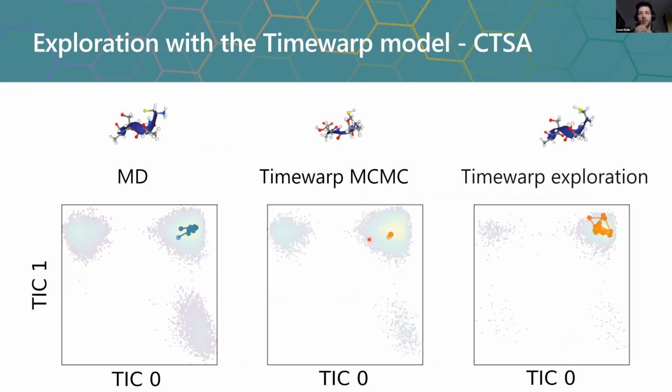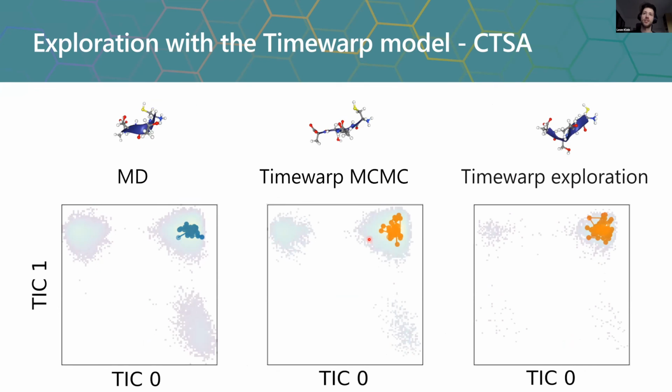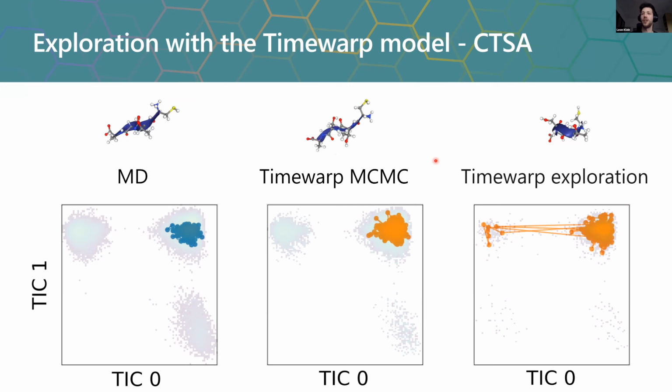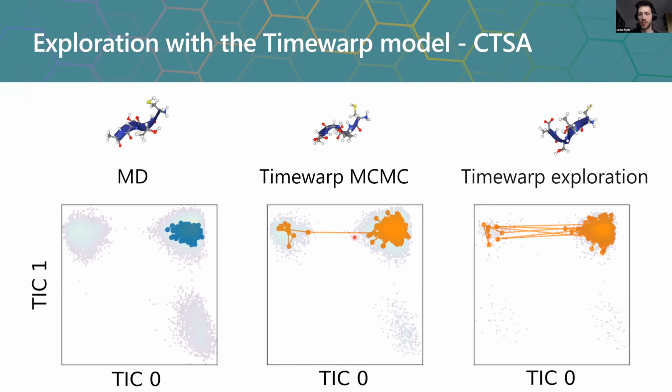So we can compare them again. This is MD, Timewarp MCMC, and the Timewarp with the exploration algorithm, all starting from the same state, running for half an hour. You can see the exploration algorithm transitions several times first, while the other two mostly stay in the metastable state.